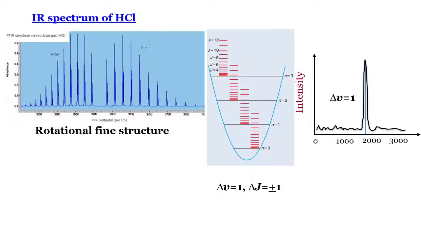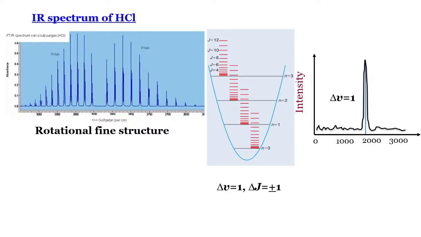We showed you a high resolution spectrum of HCl, and we found that the single line actually comprises several smaller lines, which are distributed on the two sides. When I say two sides, I mean the higher energy and lower energy side of the energy gap between v equal to 0 and v equal to 1.